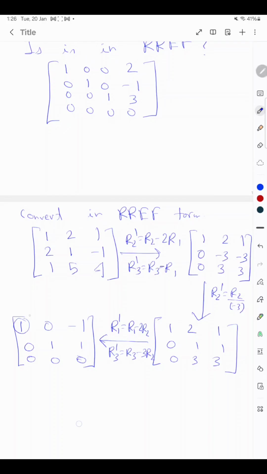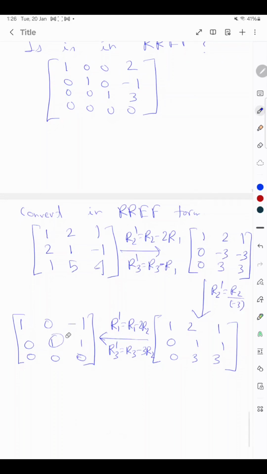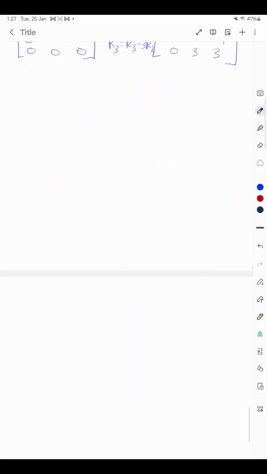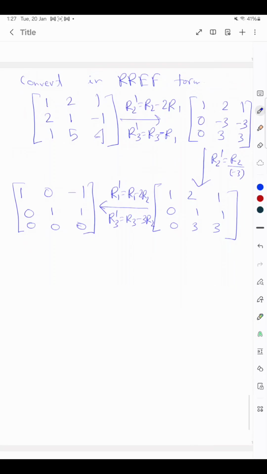This is your first pivot element, this is your next pivot element, it is to the right, and all the zero rows are below the matrix. So you have completed the RREF. That's it. In this way you have to practice more problems.